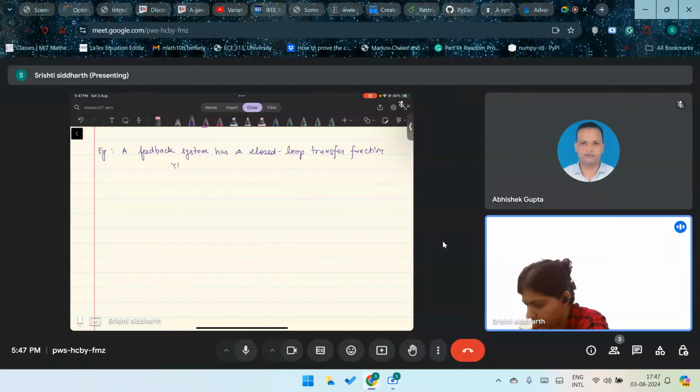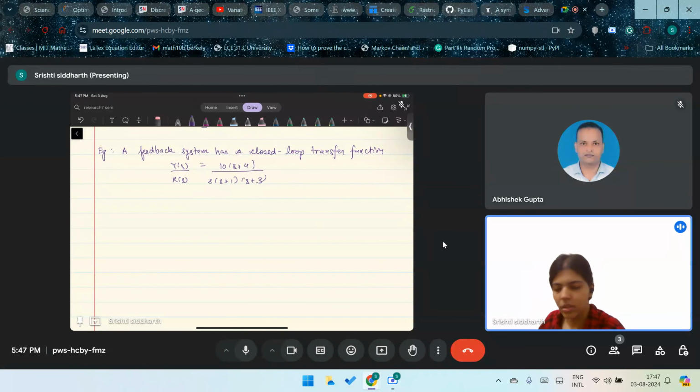It's going to be Y(s) over R(s) equals 10 (s plus 4) on (s plus 1) and (s plus 3). So the question is: obtain the diagonal canonical form of the above system.